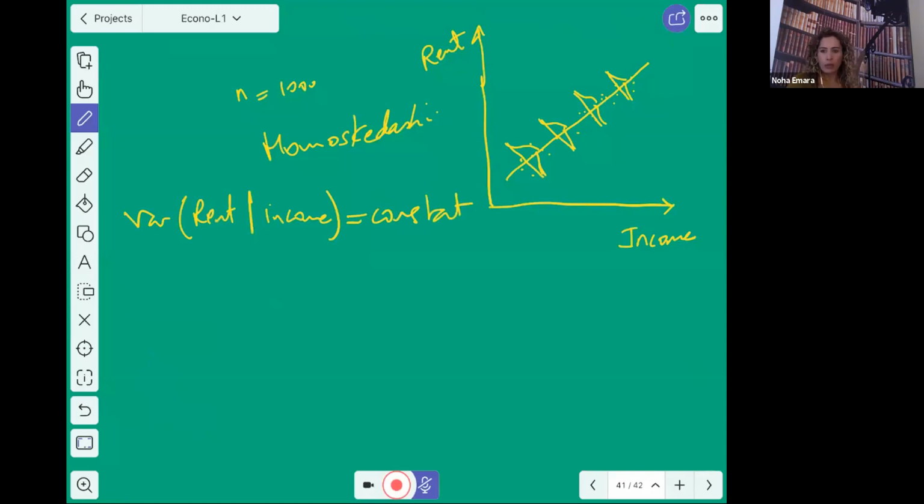However, in real life, we know that this might not be true, because for rich people you have wider options. I might be rich and I still want to live in a condo, or I might be rich and I want to live in a huge mansion, right?